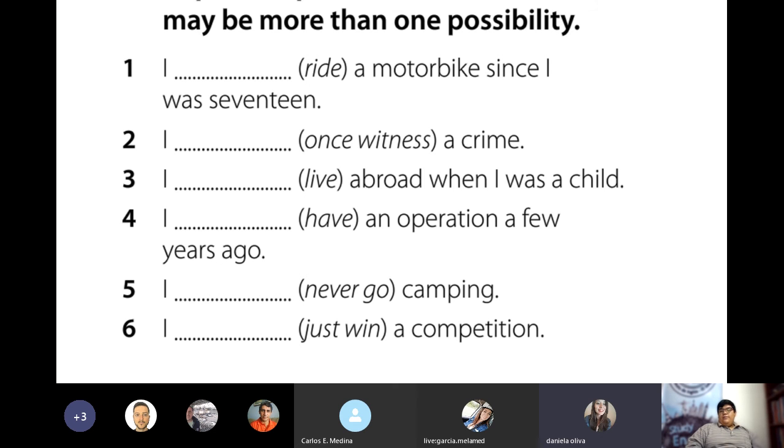Number 3. I lived abroad when I was a child. There I have the time, so I can use the past simple. Number 4. I had an operation a few years ago.